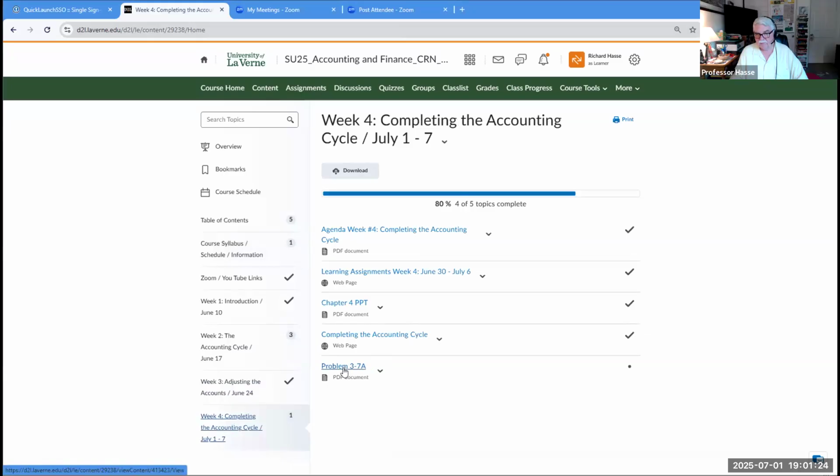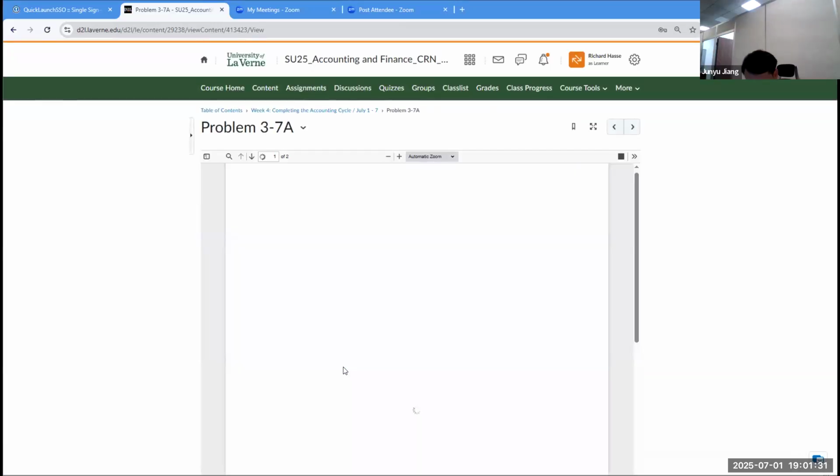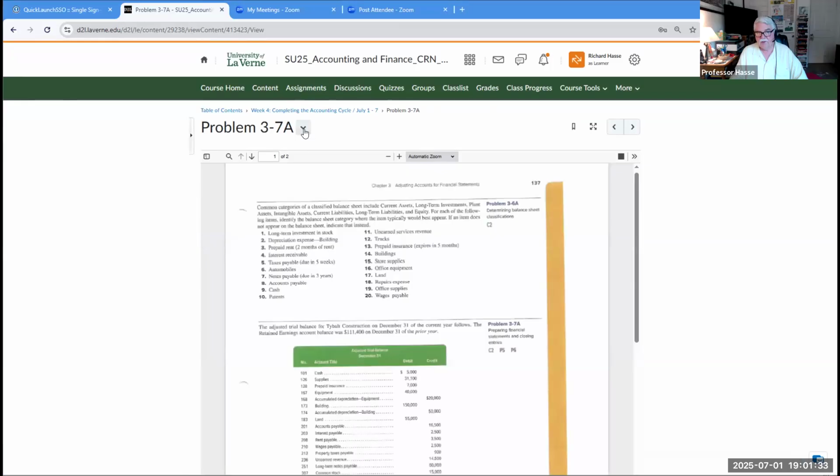Here it is right here. Here's the problem, 3-7A. There it is right there. You can download this. If you don't have a textbook, just download it. There's your sheet. And you can practice this.